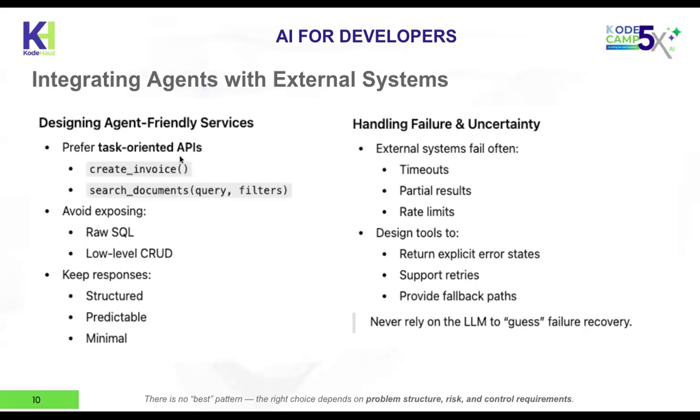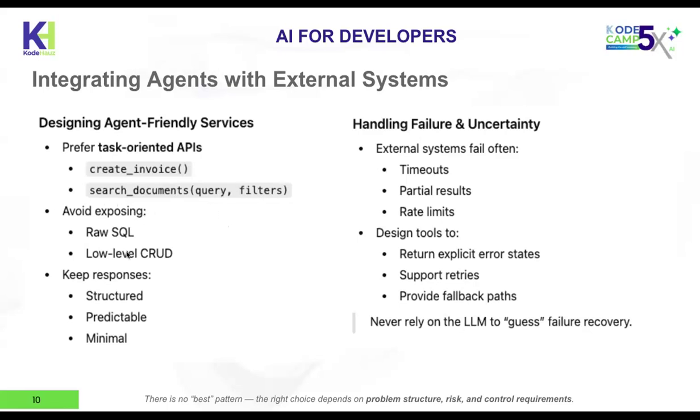If the endpoint in your API is creating an invoice, but you give it a cryptic name, the agent may not be able to figure it out. So it makes sense to use this kind of nomenclature, create invoice, search documents, and then very clear and self-explanatory names for the parameters as well. Okay. So that's the first thing.